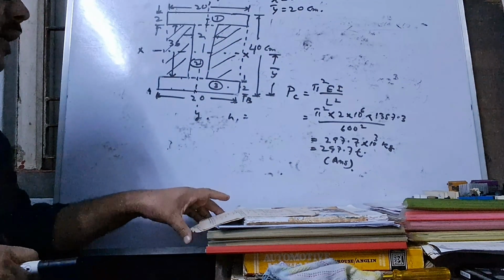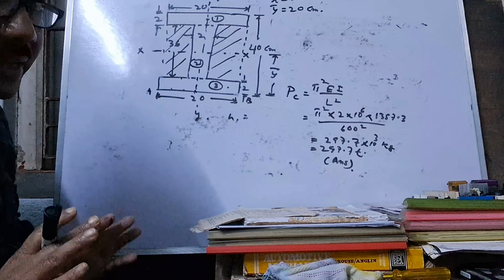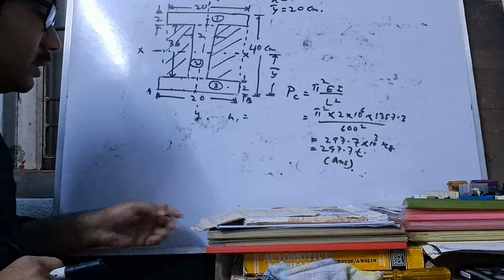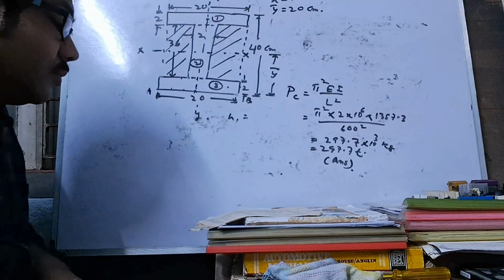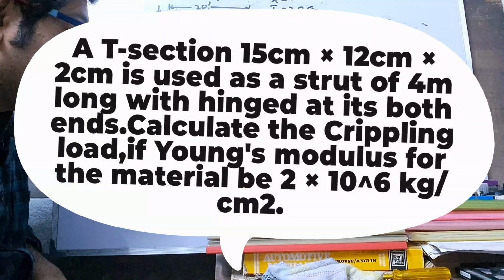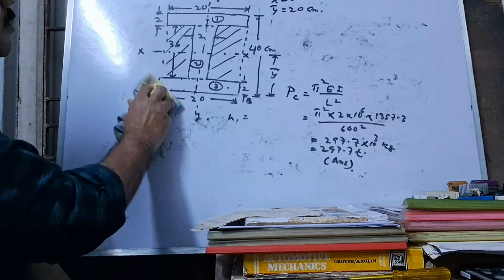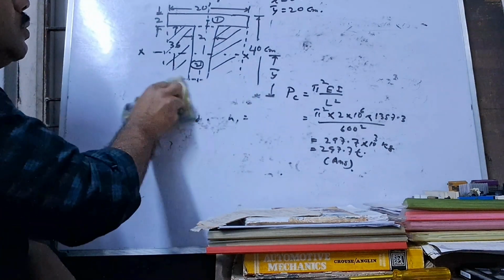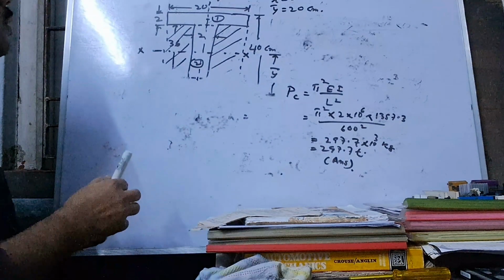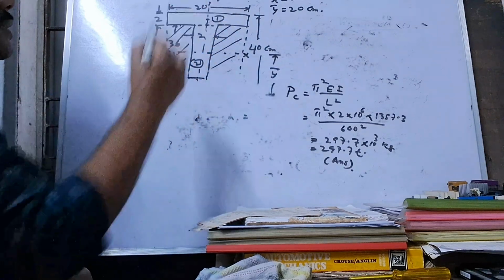And this is the second question. And the third question is for T section, 15 centimeter into 12 centimeter into 2 centimeter T section. Remember, if you erase this portion, this will be T section.